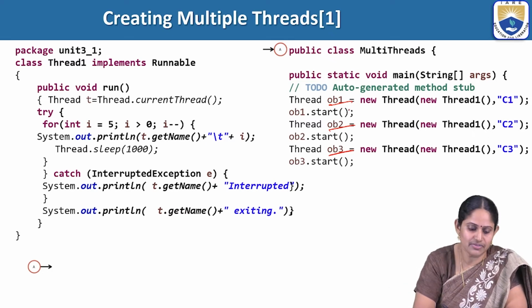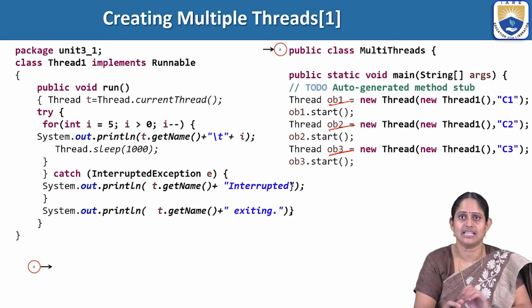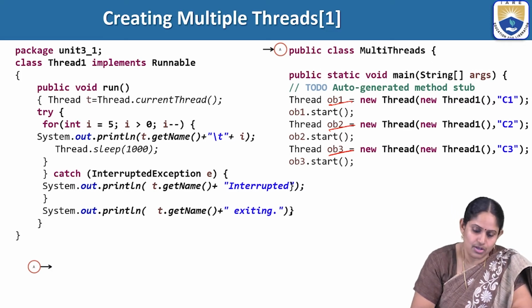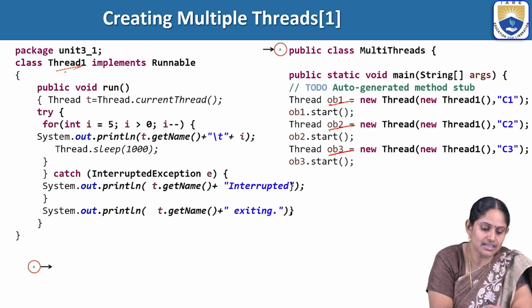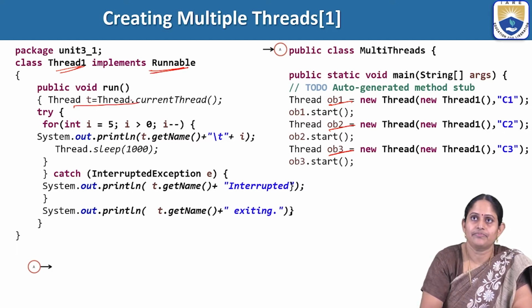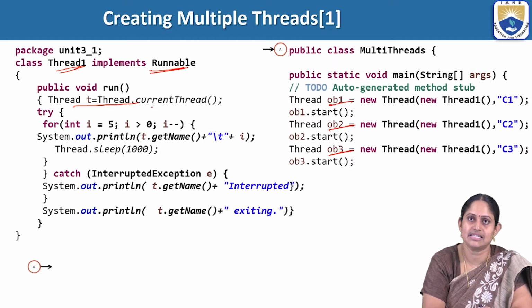In our case, we are simply seeing how we are creating a new thread and assigning it some work. Here we are creating a thread class by implementing the Runnable interface. Then we are taking the instance of this thread.